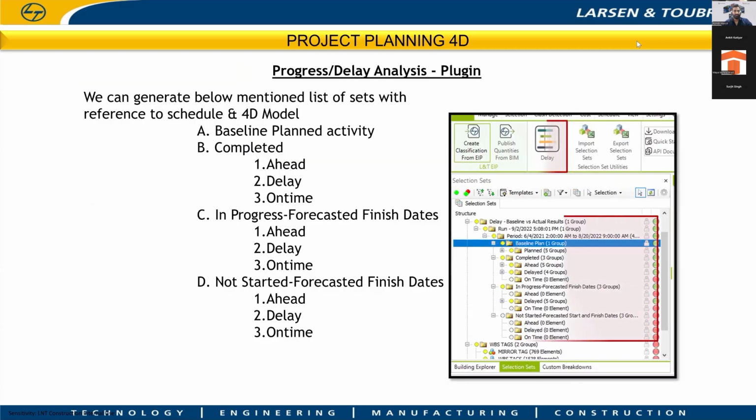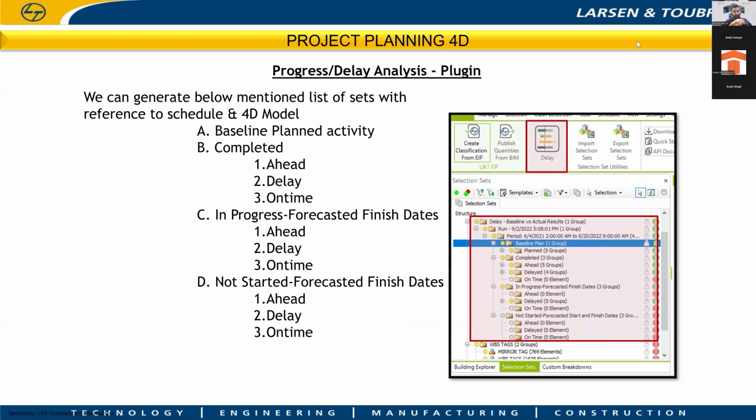Once the elements are connected to the line item, to my baseline schedule as well as the actual schedule, I can generate a detailed delay analysis report from the 4D model. We have created a template where we assign colors for the activities, and we run a comparative analysis between your baseline and the actual schedule.